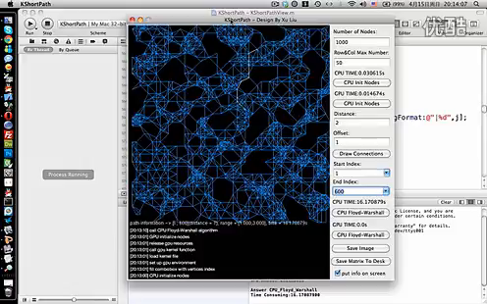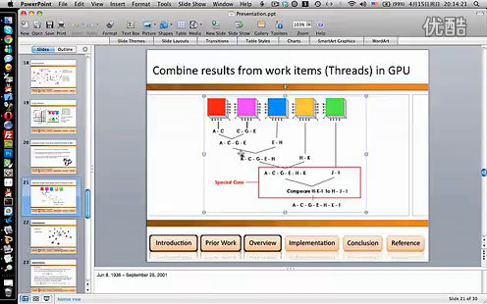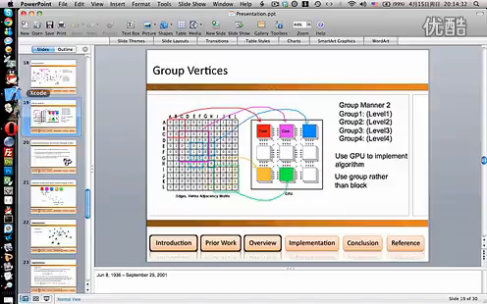One is how to replace the recursive function that I cannot use in the kernel function, and the other is how to compile the result of each group. This is each group. After I get a result from this one, how can I calculate them?